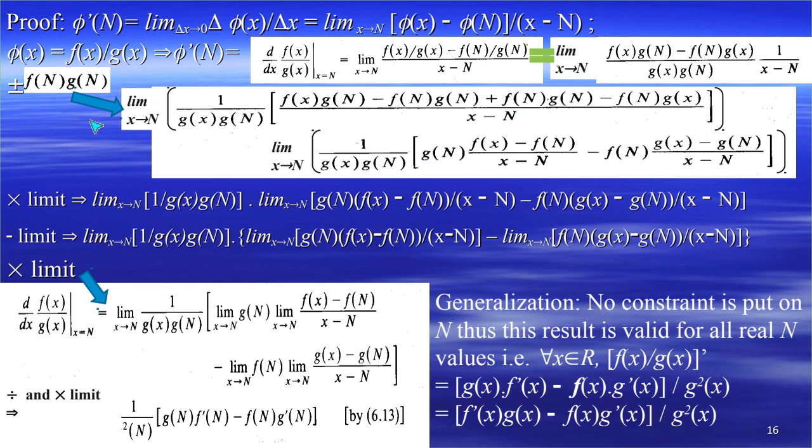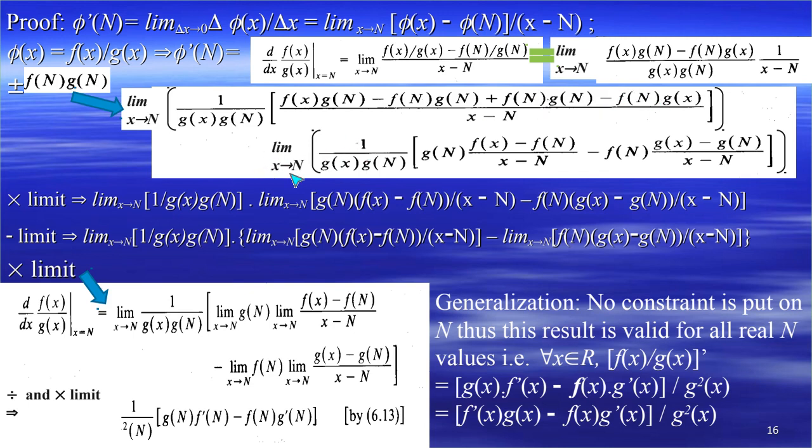Great. And if I take the limit of this product, from the product limit theorem, I just distribute the limit in the product, like limit when x goes to n of 1 over g of x times g of n, and I distribute it in two parts. I take here g of n in factor, and in these two last ones, f of n in factor.